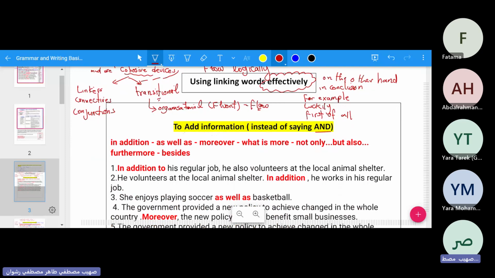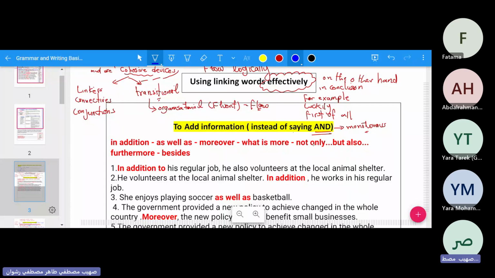We regularly use the word and, but and is a monotonous word, which is considered a boring conjunction, a simple connective.